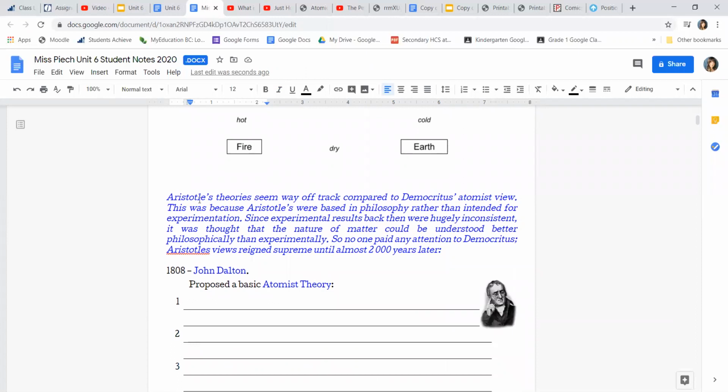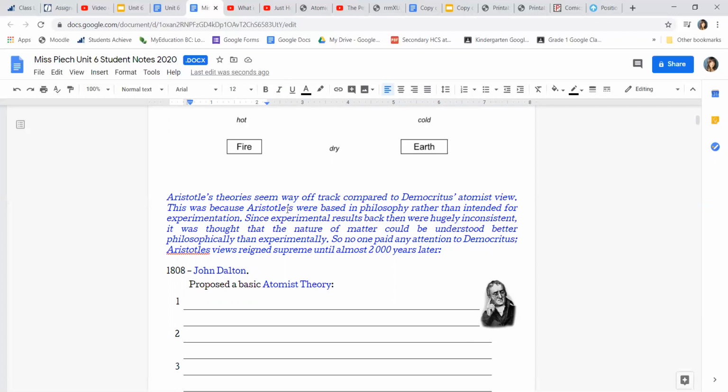So with Aristotle, though, Democritus looked at that and was like, no, that doesn't sound right. Because Aristotle's perspective was based more in philosophy. And that means that it was just more of a philosophical idea, and not really intended to be experimented upon.